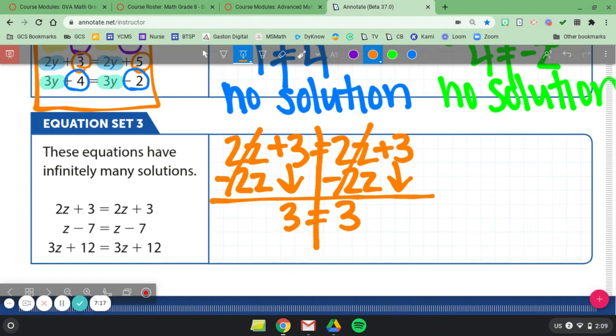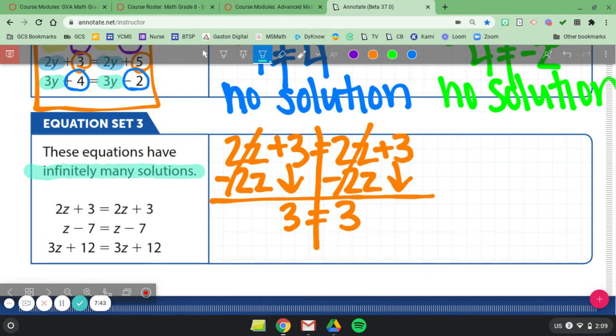3 does equal 3. So if the variable terms cancel out on both sides, and you are left with a true statement, two numbers that do equal each other, that means the number of solutions to that equation is infinitely many solutions, meaning every number would work.